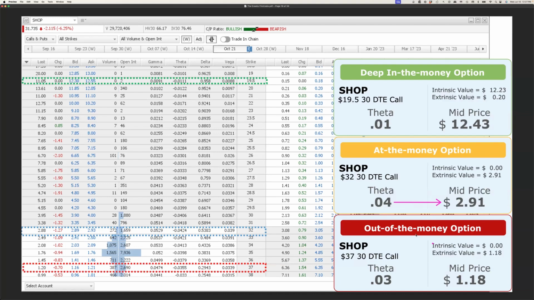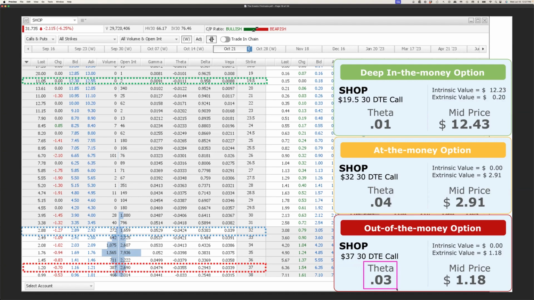Because as you can see here, when you go out of the money, it looks like theta is actually getting smaller, right? So that $37 call option, the theta is only 0.03. Which looks like a smaller theta, but you have to remember the value of your option is also much, much smaller.